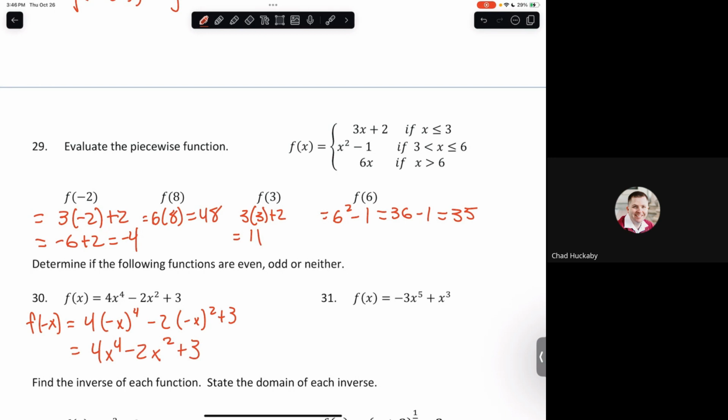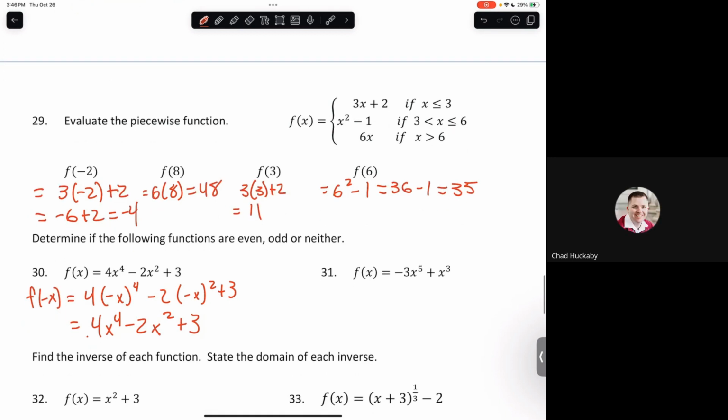Is that exactly the same as what we started with? Yeah. So since f of x is equal to f of negative x, f of x is even. If you get the same thing, you get an even function.